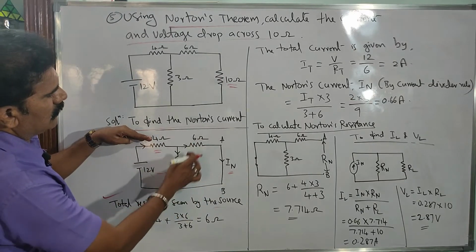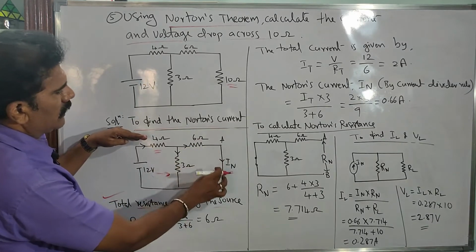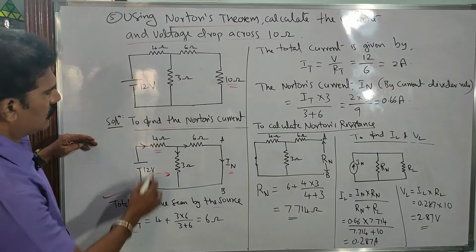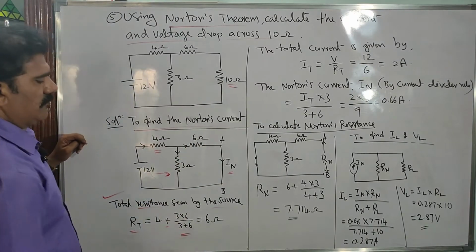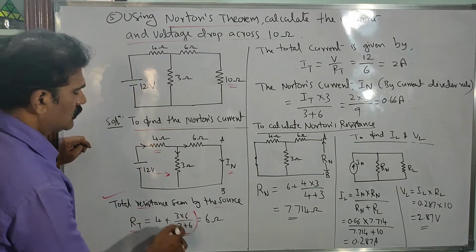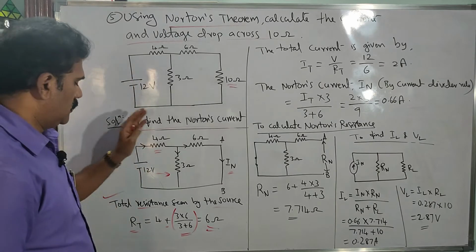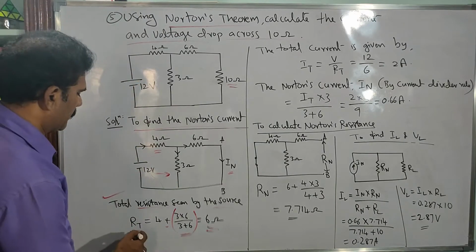So 3 into 6 divided by 3 plus 6 gives the equivalent for this loop. RT, the total resistance, is equal to 4 plus 3 into 6 divided by 3 plus 6, with these two parallel resistors. That gives 6 ohms as the resistance seen by the voltage source, RT.